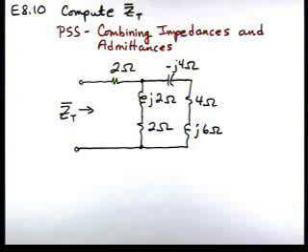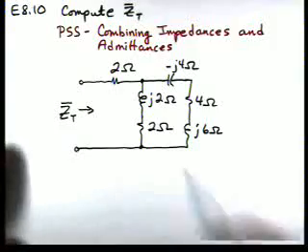So we're going to start over on the right and work our way back toward the terminals Z sub t. Let's look at some of the elements that are in series.